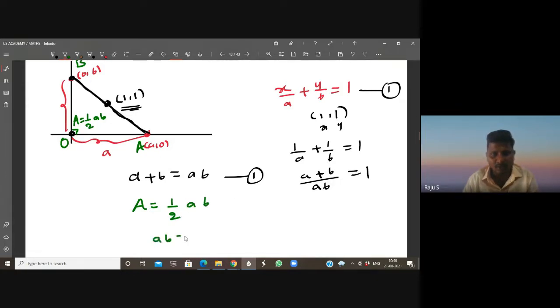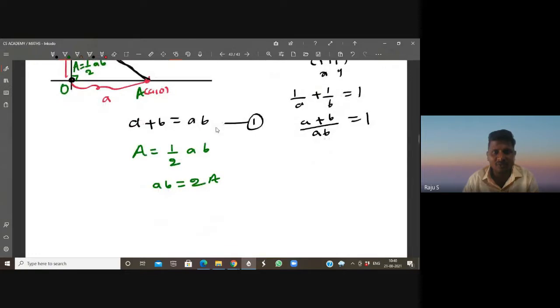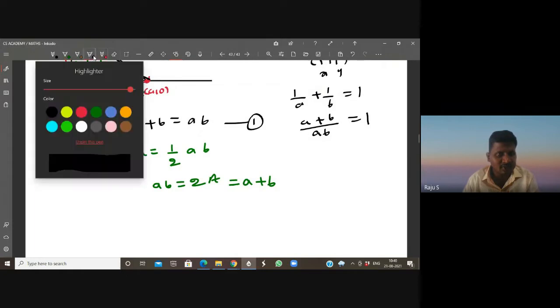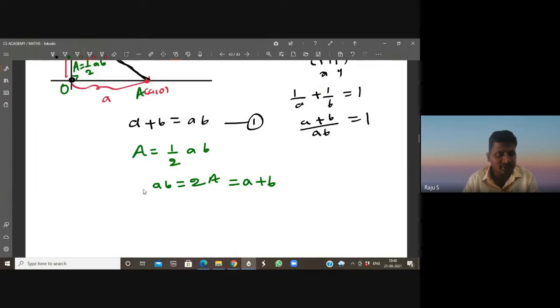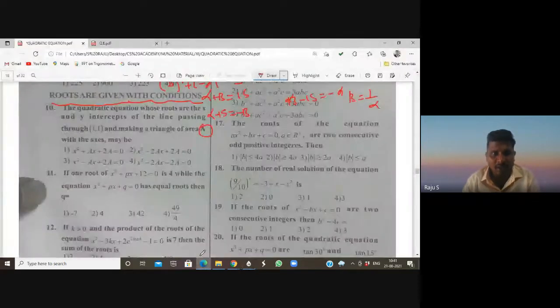So ab is equal to 2 into A. With the help of equation 1, a plus b is equal to ab. So the ab value is 2A, and a plus b value is also 2A.